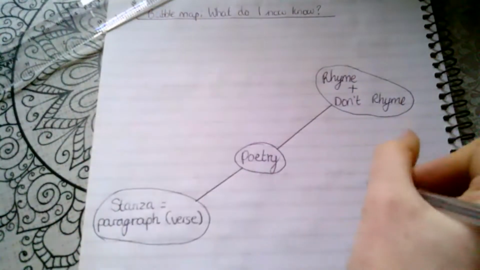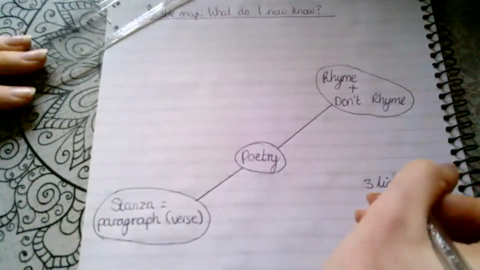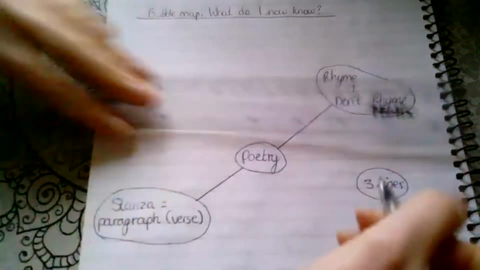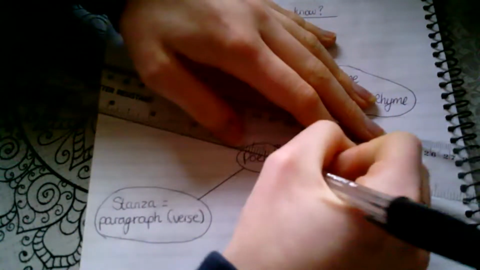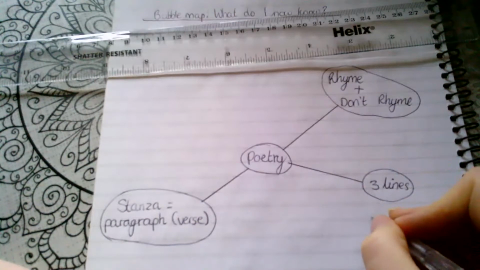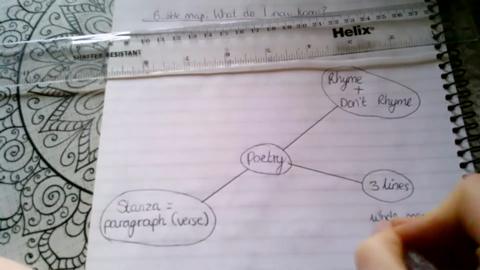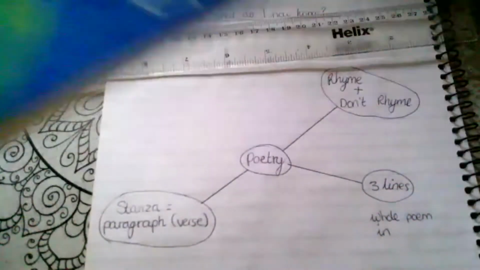We also learned that there can be some with 3 lines. I'm going to draw a circle around that. And then next to that bubble, because it's the same kind of thing, I'm also going to write whole poem in one, because to me that means like that first one where the whole poem comes as one chapter.